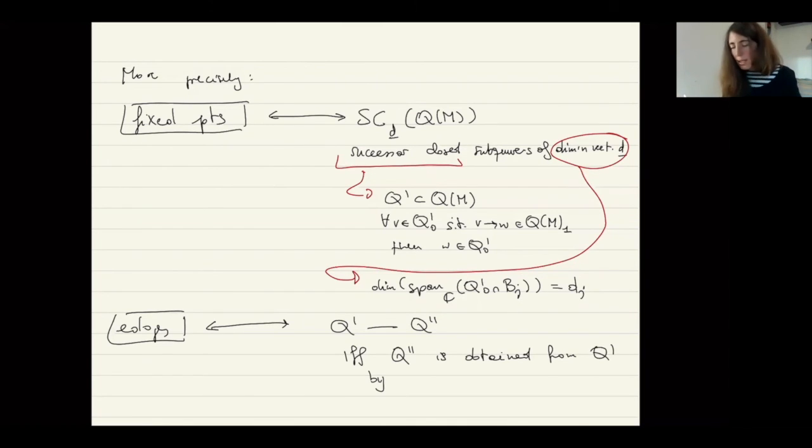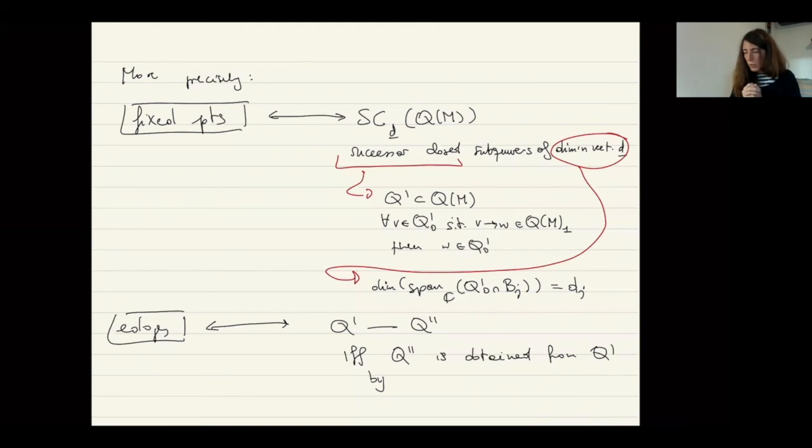Maybe I can say it in words. Your QM was a collection of all these segments. And so a subquiver is uniquely identified whenever you specify which vertices you are taking, because they're all successor closed and so on.